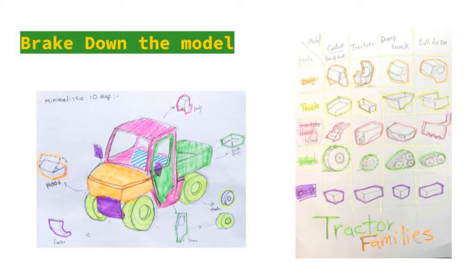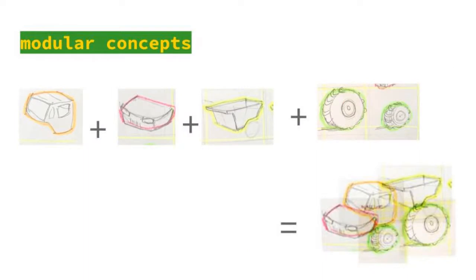Then I have here, in that table on the right side, the modules we can collect to generate different models of the car. As an example of the modular concept, I'm going to select this body with this head and that trunk and all those wheels, and generate that. That's the basic idea.